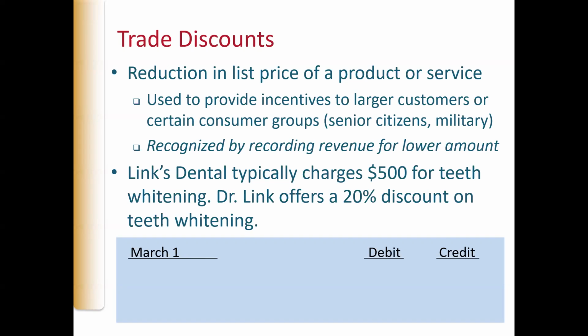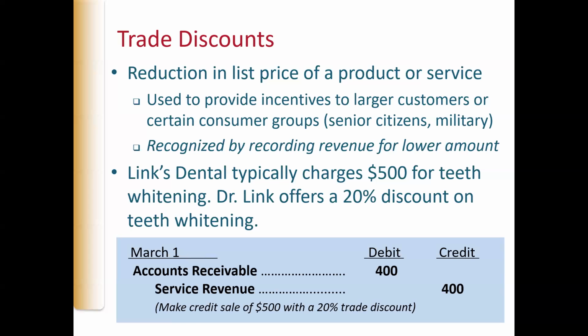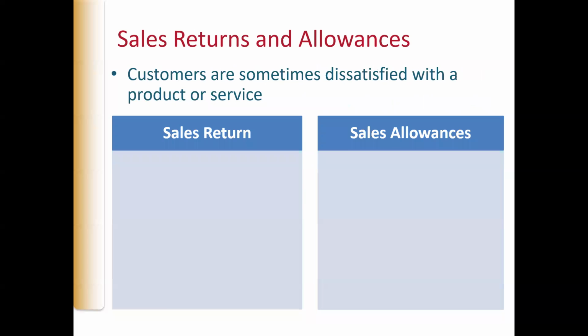So basically what we're doing is just charging less for a service. When this occurs, we don't show the trade discount. We just show that the price is 20% less, or instead of 500, it is 400. So in the case of a trade discount, we would debit our accounts receivable for 400, and we would credit our service revenue for 400.